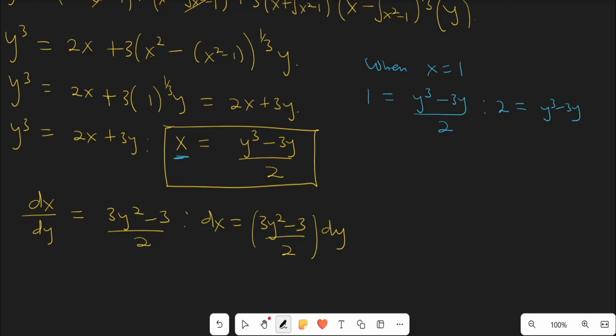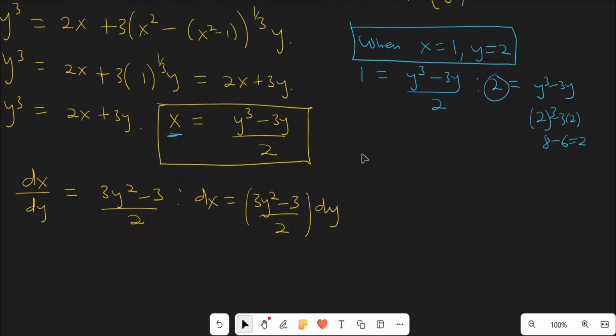What will be the value of y here? Well, we can see that y is going to be equal to 2, because 2 raised to the power 3 minus 3 times 2 is 8 minus 6, and that is equal to 2. That satisfies the left-hand side. So when x is equal to 1, y is equal to 2.